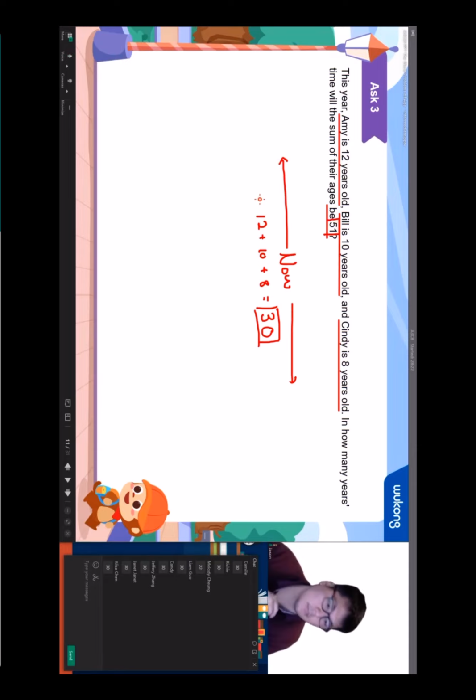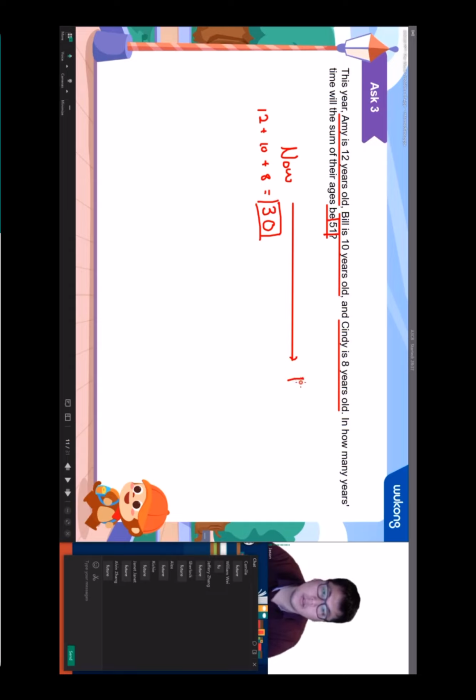Yes, it's 30. So the sum right now is 30, but we want to figure out when the sum is 51. So are we working with the future or the past, guys? Yes, we want to know the future. Yes, that's right. So that means Amy plus Bill plus Cindy needs to be 51 as a sum.